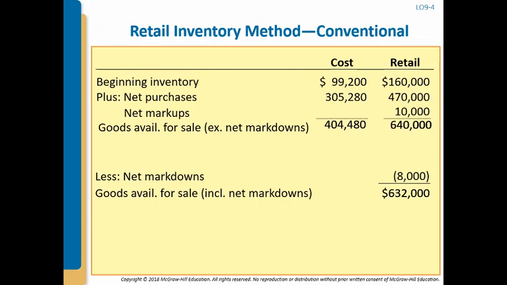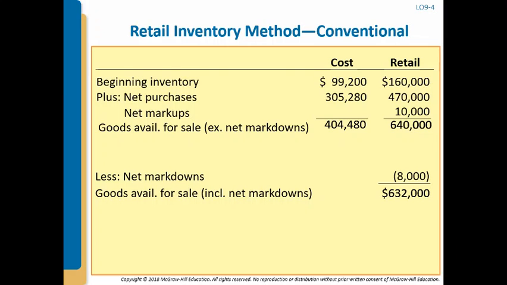Now you can approximate the average lower of cost or market using what they call the conventional retail method. And so this is just simply taking the net markdowns after you figure out your goods available for sale at retail and at cost.